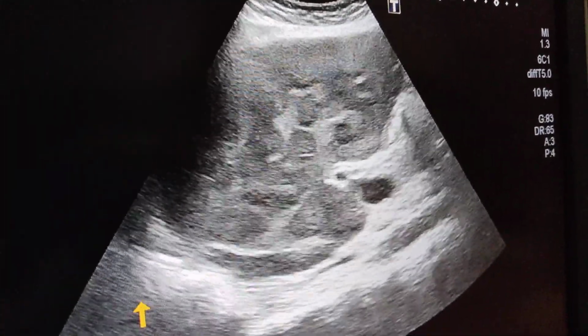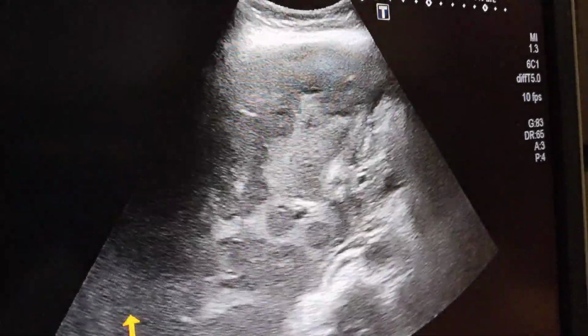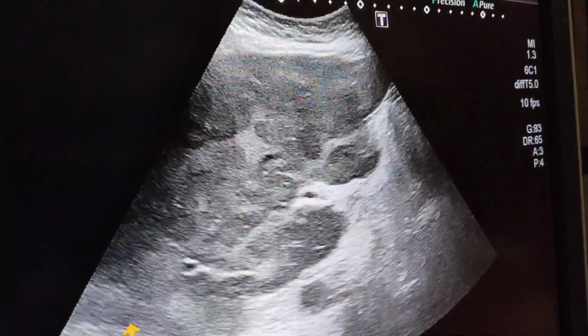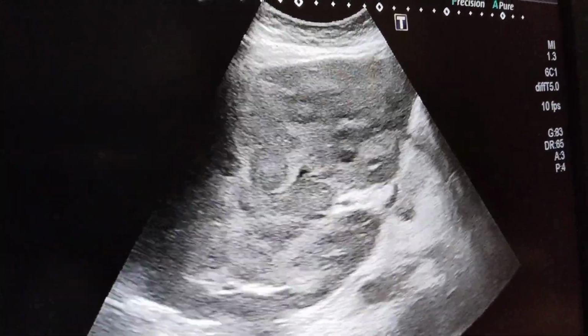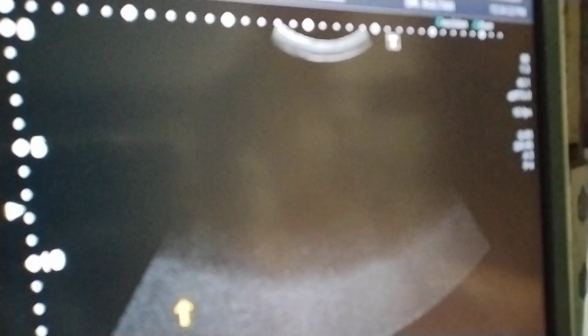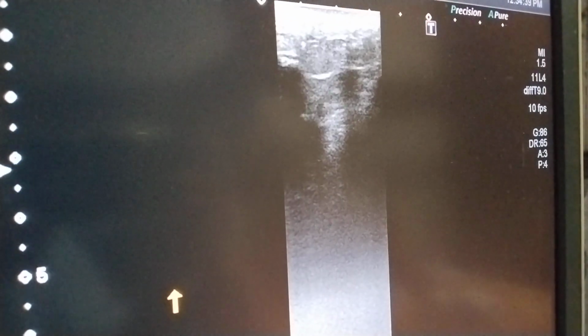Also the CT chest should be done with IV contrast to see any metastasis to the lung, because the most common sites for metastasis from a malignant lesion of the breast are the lungs, liver, and bones.